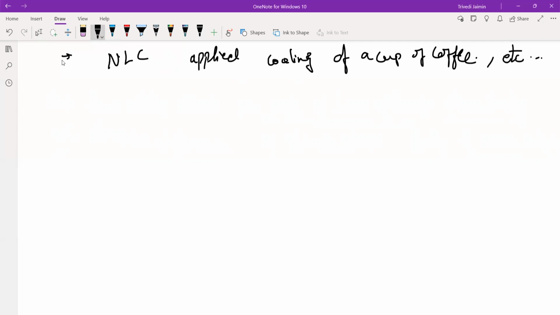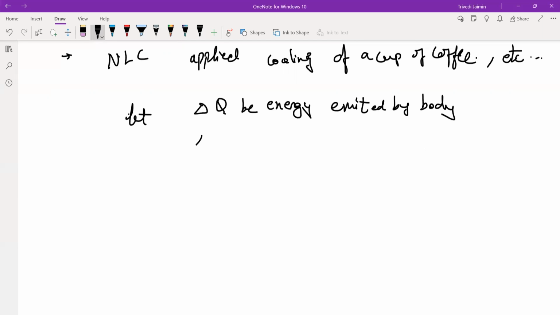So let's derive this equation first. We need to derive for delta Q. So let delta Q be the energy emitted by the body for a time delta T seconds.